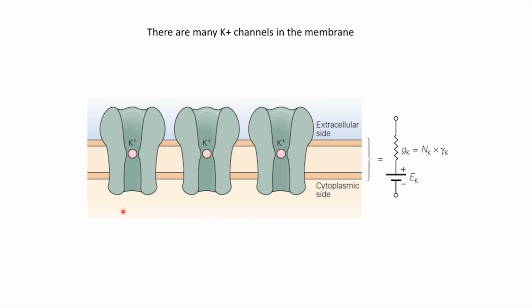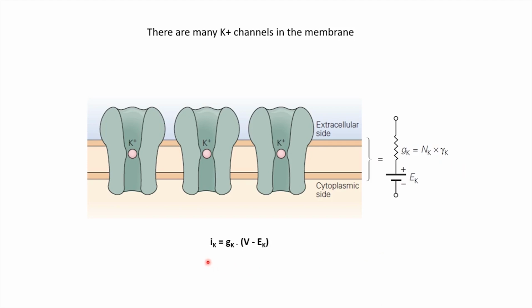And the total current through all these channels taken together will be simply n times the current through a single channel. Or we can also say that the conductance of all these molecules taken together is n times the conductance of a single molecule. So total potassium conductance is the number of potassium channels times the conductance of a single potassium channel.